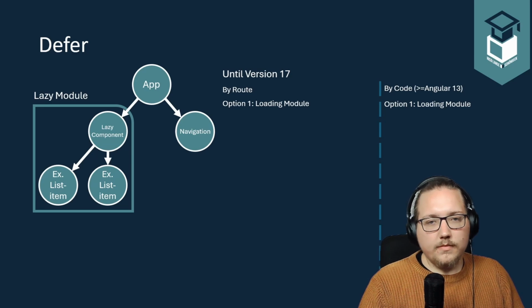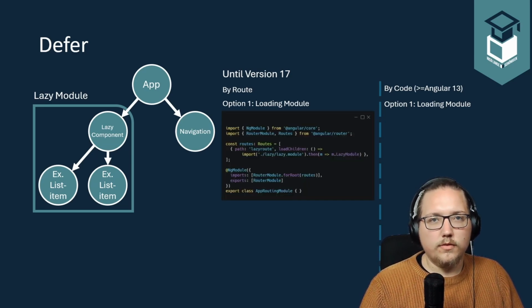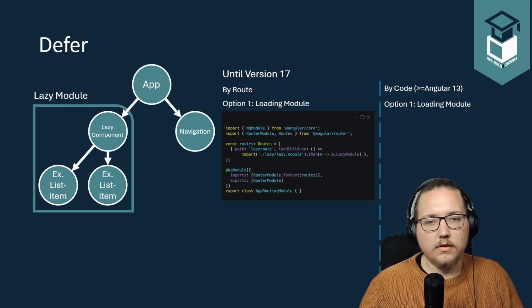So let us quickly take a look at how we lazy load modules with the router. The router is relatively simple to do. We're creating a new route that is named here lazy route.